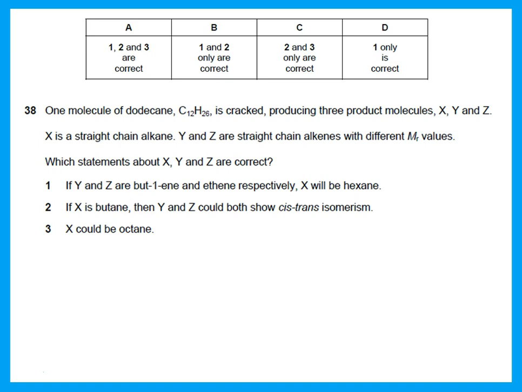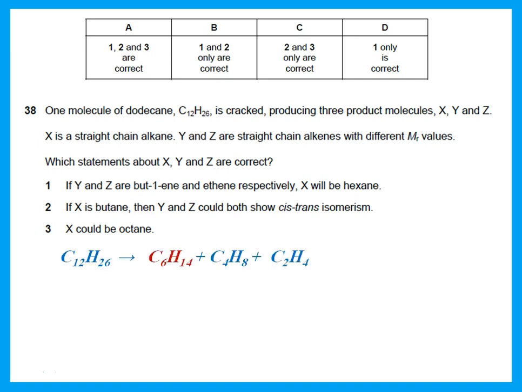One molecule of dodecane is cracked producing 3 molecules, X, Y, and Z. X is a straight chain alkane. Y and Z are straight chain alkenes with different Mr, so they have to be different alkenes. So he's saying X should be an alkane, Y and Z should be different alkenes. Let us take a look at this. If Y and Z are butene and ethene respectively, X will be hexane.